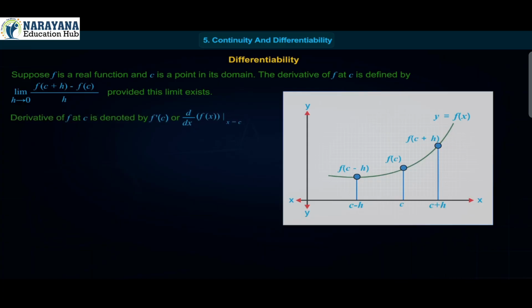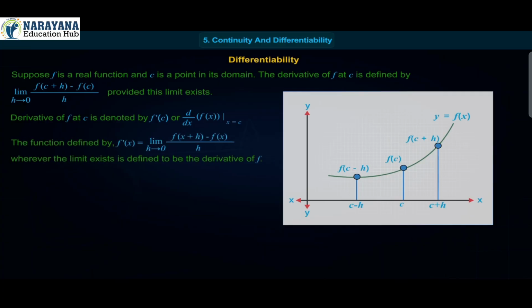The derivative of f at c is denoted by f'(c) or d/dx f(x) at x = c. The function defined by f'(x) = limit h tends to 0 (f(x + h) − f(x))/h, wherever the limit exists, is defined to be the derivative of f.